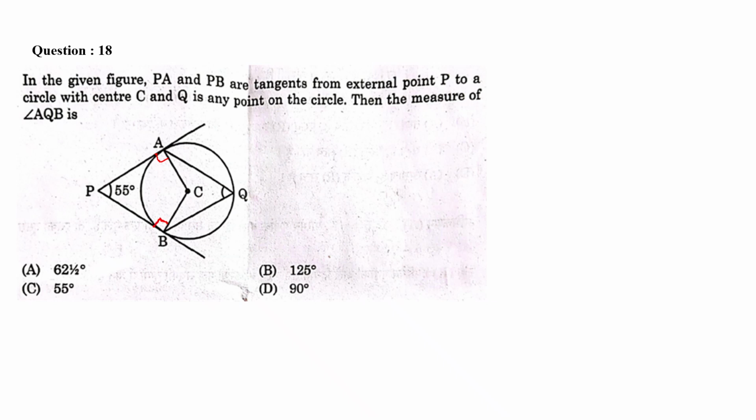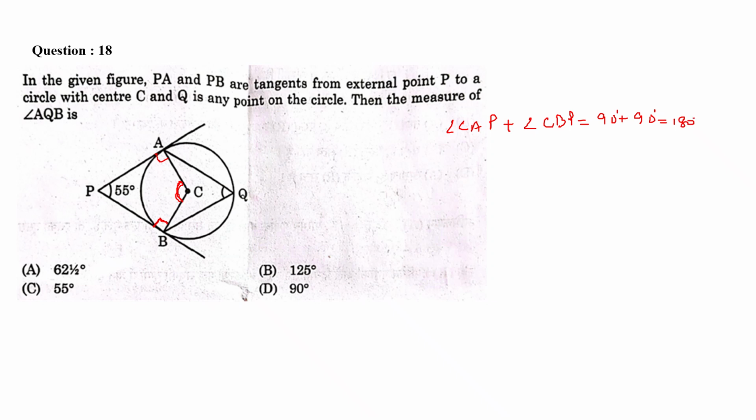Now here ACBP is a quadrilateral and I have to find the value of ACB, right? Angle CAP and CBP are 90 plus 90, 180. We know that in a quadrilateral the sum of all four angles should be 360. Already angle CAP plus angle CBP is 180, isn't it?